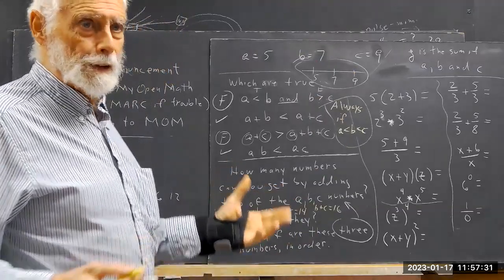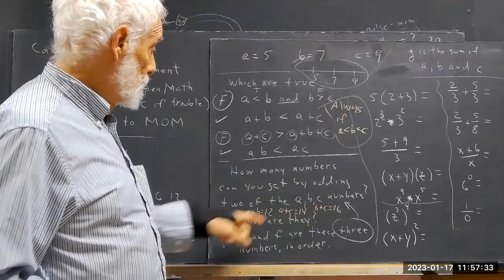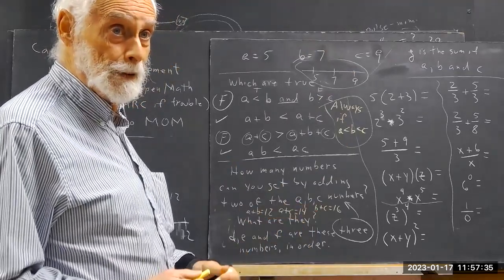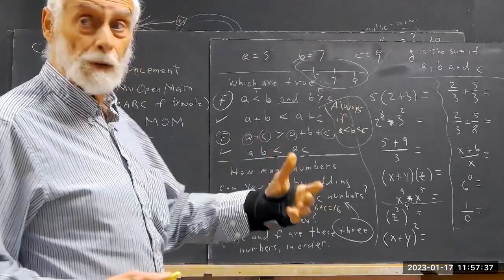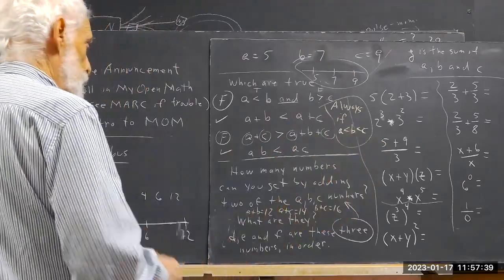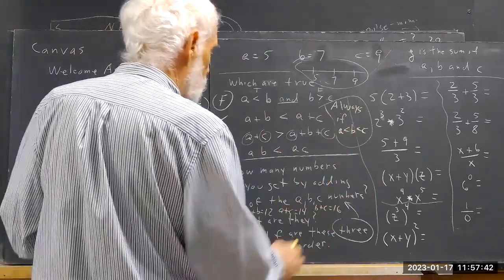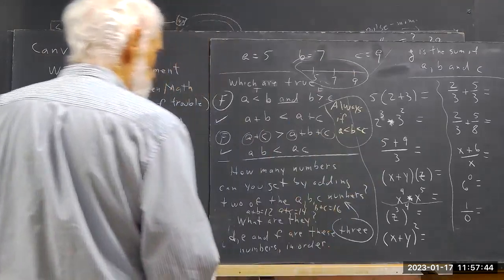Now, you might not have added them in the same order I did. You might have done B plus C before you did A plus C. You're going to be able to tell which one's bigger than which, and it's going to come out D, E, and F are these numbers in order. Now, I happen to have calculated them in order.